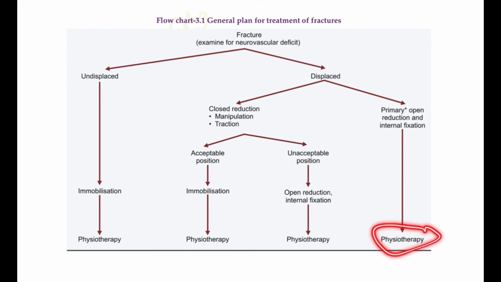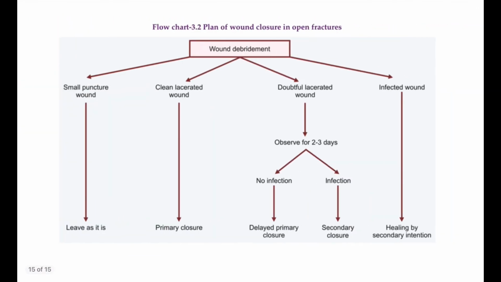Okay. Then next I have taken this plan for wound closure in open fractures. If open fracture is there, then what we will do? Wound debridement we will do. Then small puncture wound. If a small puncture wound is there, then we will leave it. Clean lacerated wound is there, then primary closure we will do. Doubtful lacerated wound is there, then we will observe for 2 to 3 days.